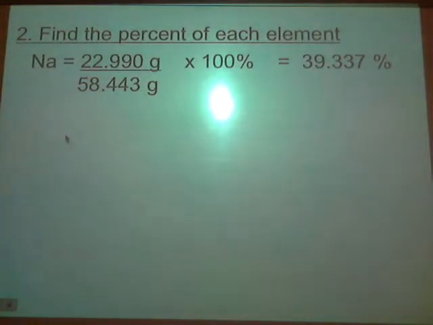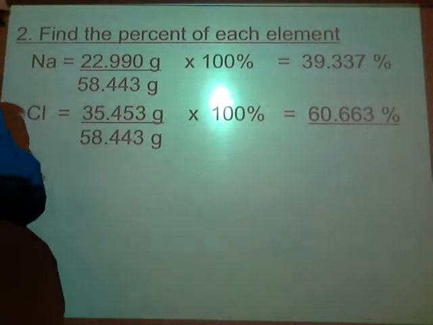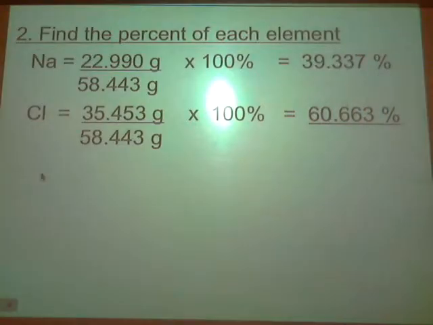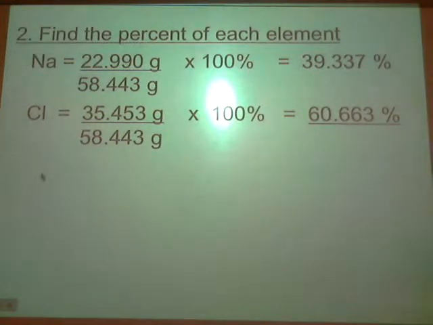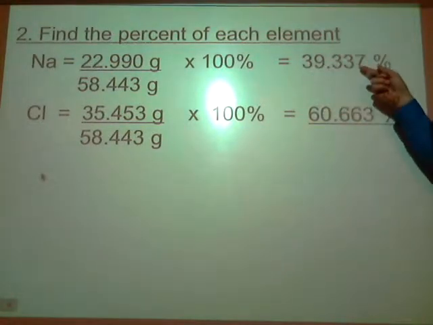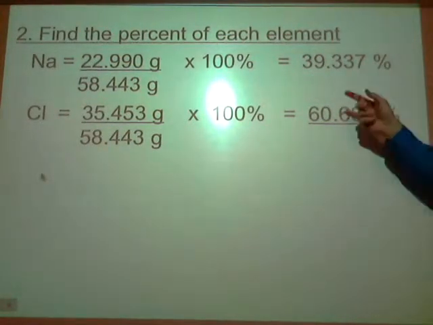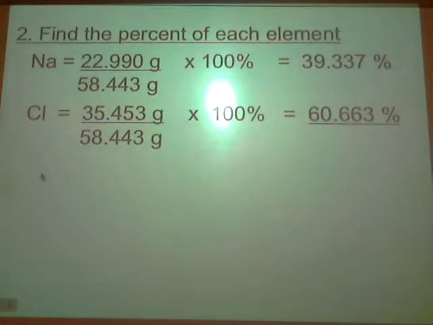Divided by the same number, 58.443, times it by 100, and you will get 60.663%. And that is your answer. Okay? So your answer to the question, what's the percentage composition of sodium chloride, is this much sodium in sodium chloride, and that much chlorine in sodium chloride.